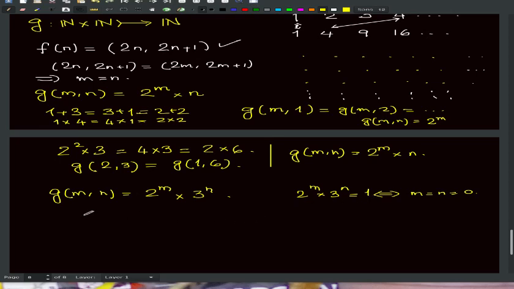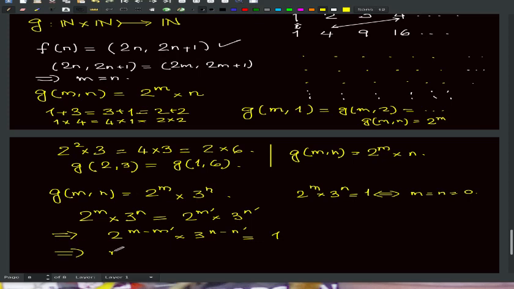Now suppose 2 to the power m times 3 to the power n is equal to 2 to the power m prime times 3 to the power n prime. So a little bit of school algebra tells me m minus m prime and n minus n prime are zero.